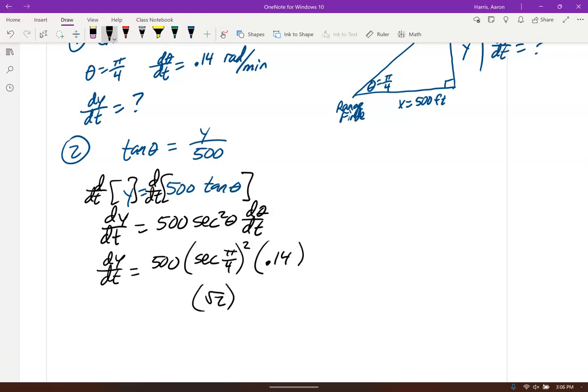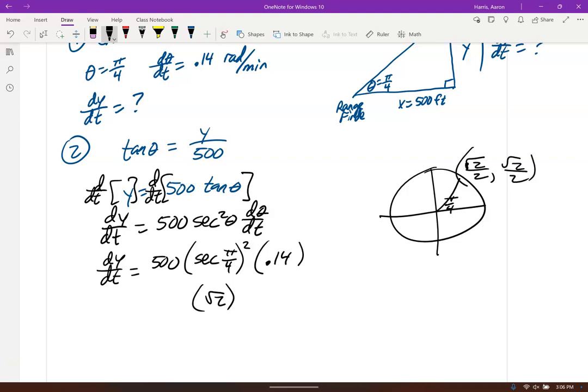If I'm looking at my unit circle at pi/4, it's root 2 over 2 is the cosine. Well, I flip that over, it'd be 2 over root 2. And then I rationalize that. And so I have 2 root 2 over 2, which is root 2, and that would be the secant of pi/4.